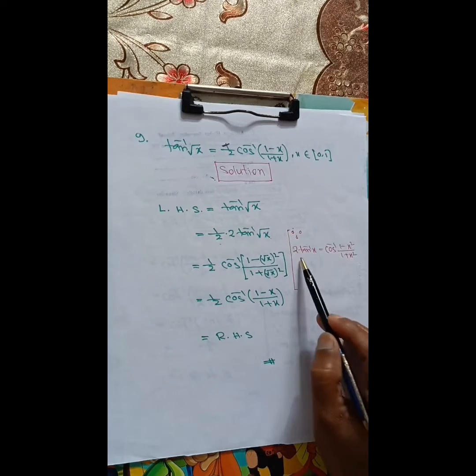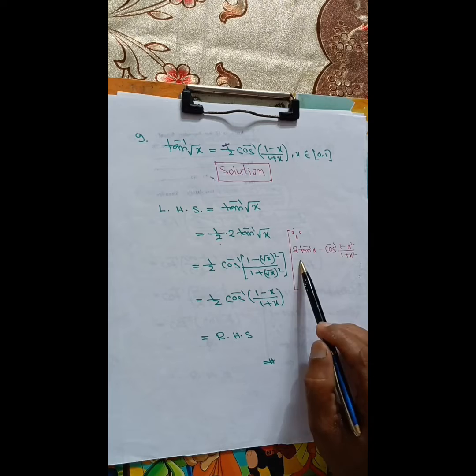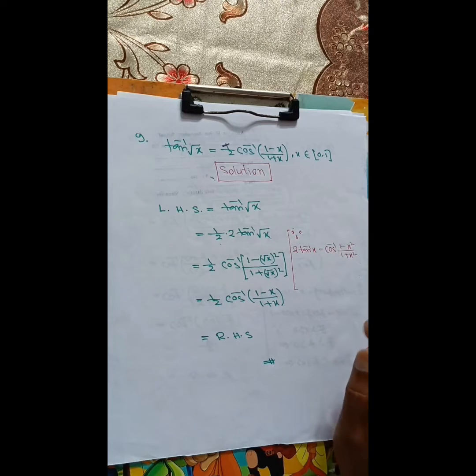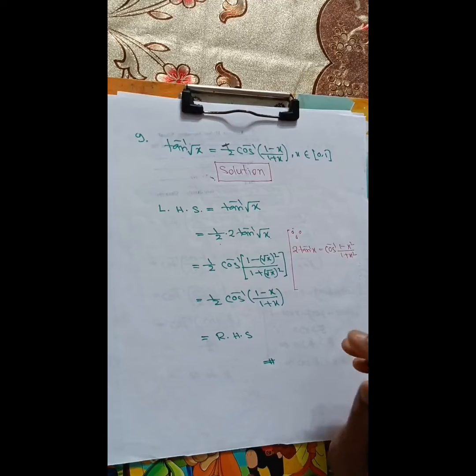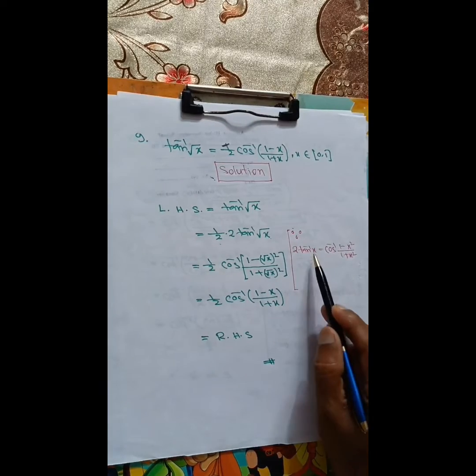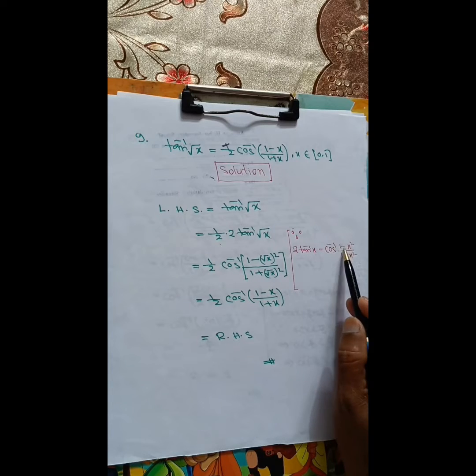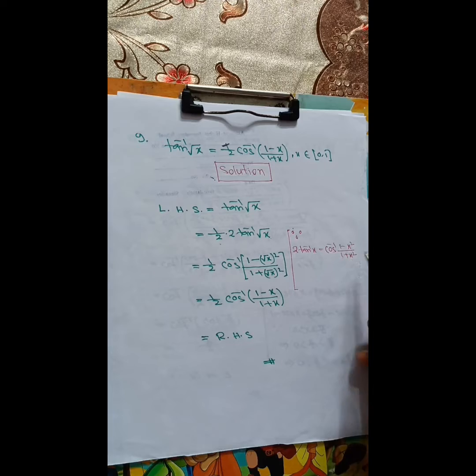Now we apply this formula, which we got in the previous class on the concept of inverse trigonometric functions. It is given that 2 tan inverse x is equal to cos inverse of (1 minus x square) divided by (1 plus x square).